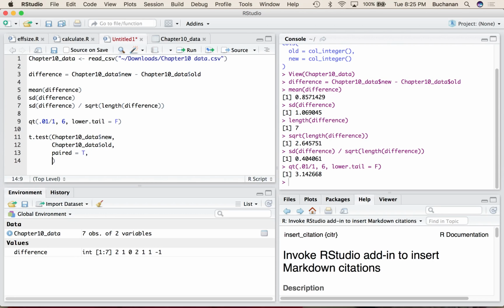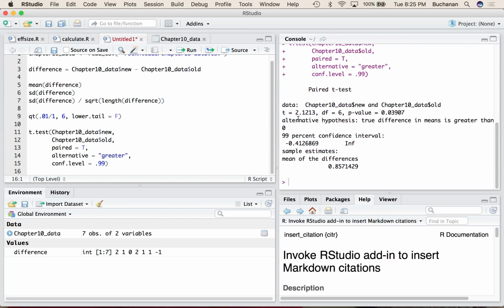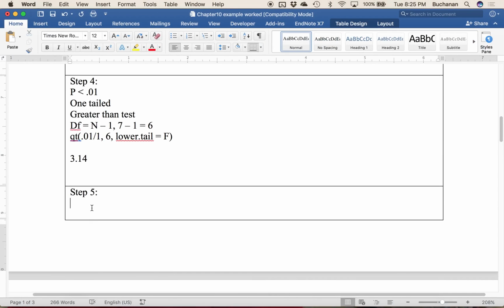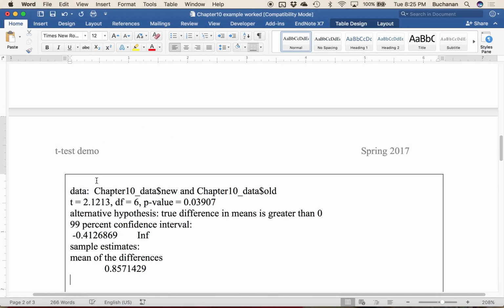And we could do alternative equals greater, and conf.level equals 0.99 in this instance. So I'm going to plop this in here, and then we're going to look at what happened.